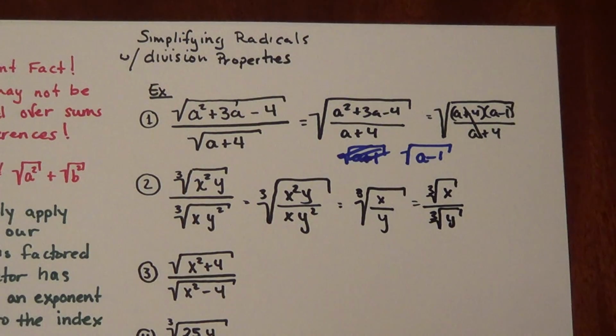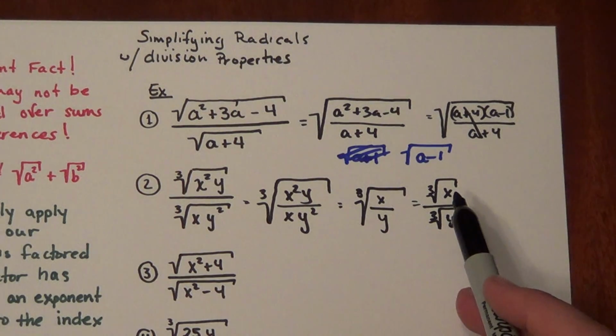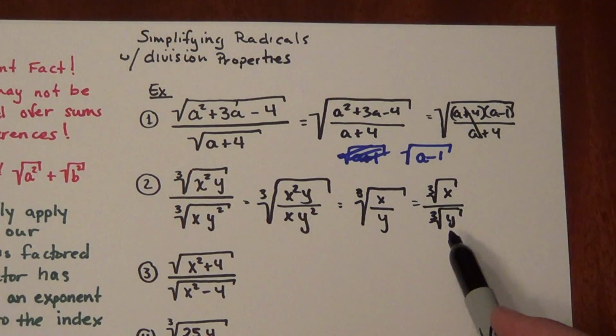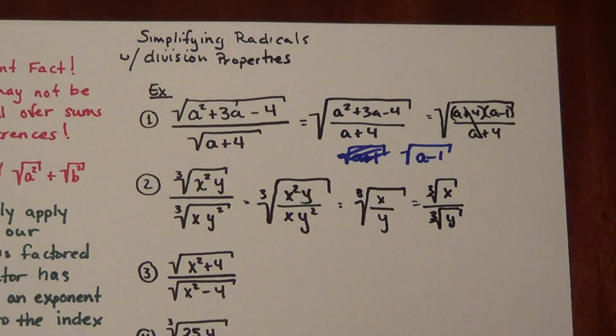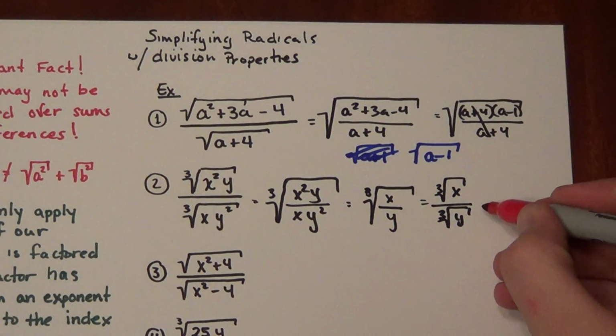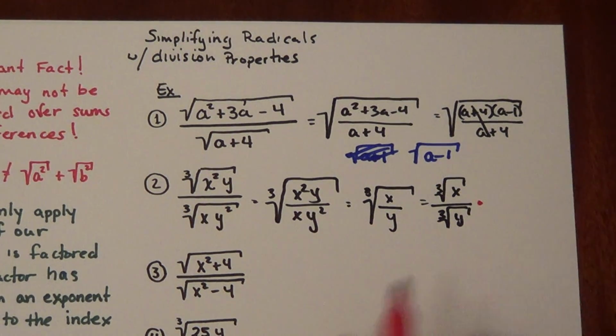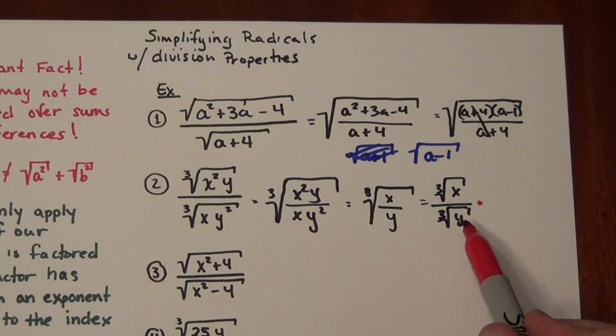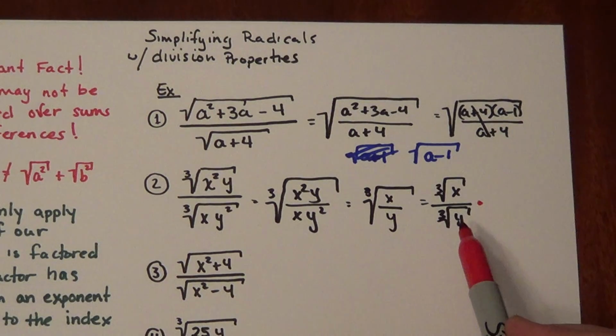Now, the problem that arises here is that I cannot have a root in the denominator. So now what I must do is something called rationalize the denominator. And what I'm going to do here is multiply by my magical power of 1. What do I have to multiply this radicand by to make y cubed?